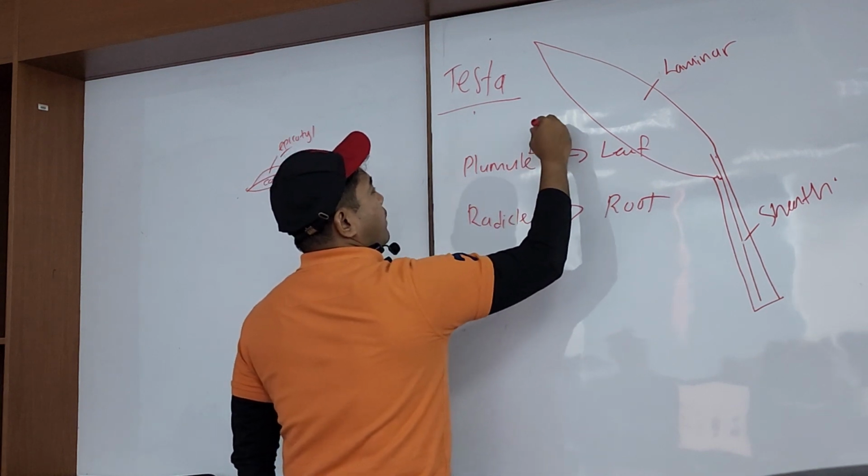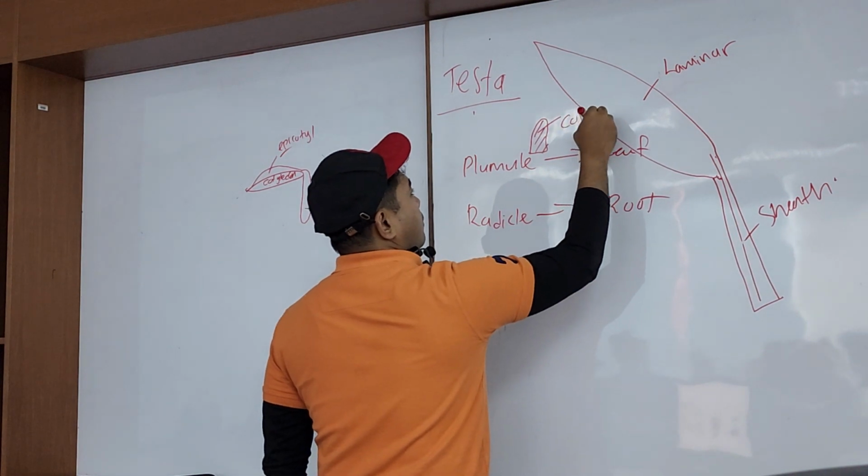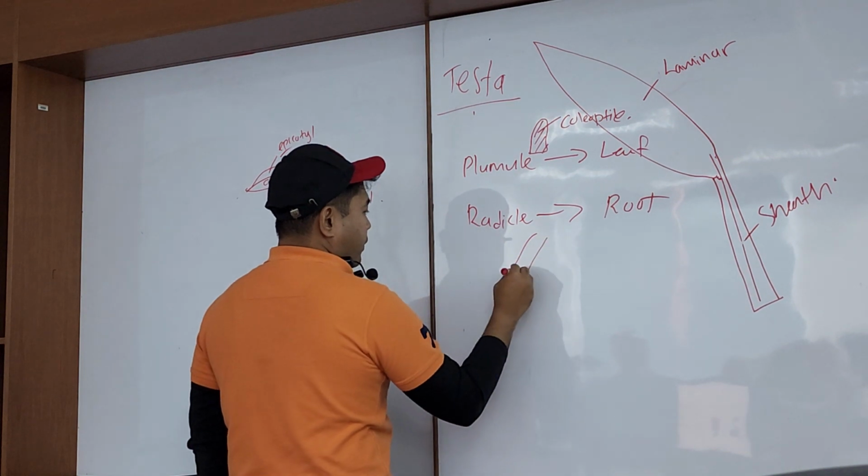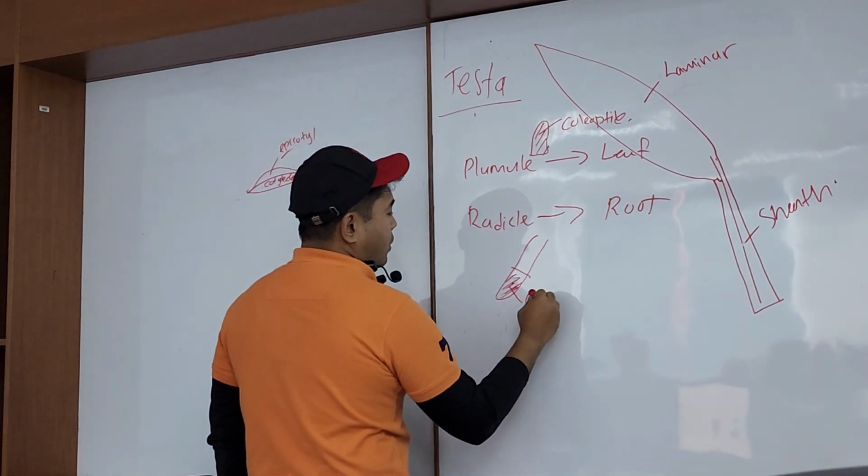The protective cap for the plumule is called the coleoptile. For the radicle, the protective cap is called the coleorhiza.